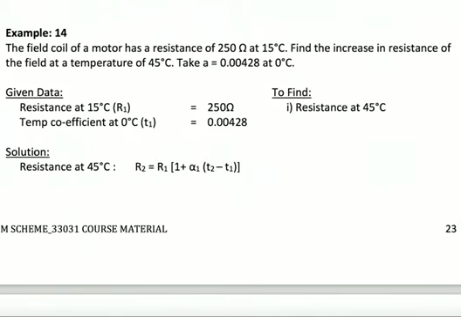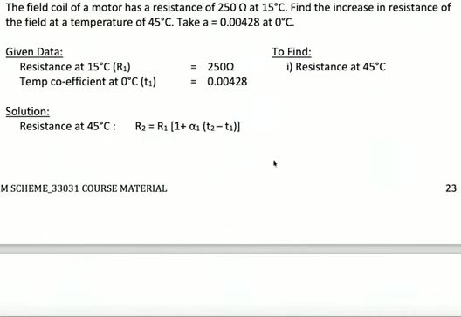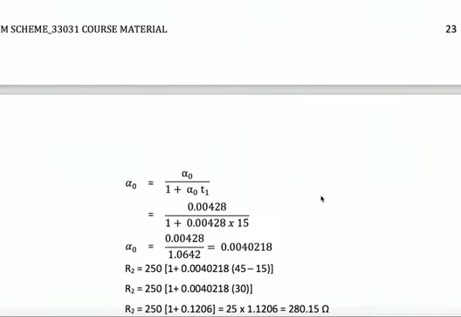Find the increase in the resistance of the field at a temperature of 45 degrees C. Take alpha equal to this at 0 degrees C. First you need to find out alpha 1, then alpha 1 equal to alpha naught by 1 plus alpha naught into T1. Then you can use this formula to find the resistance at T2.